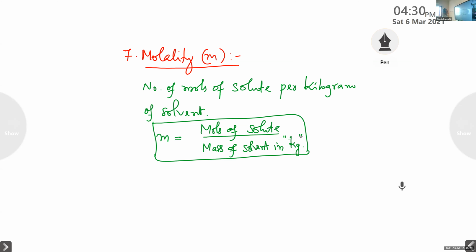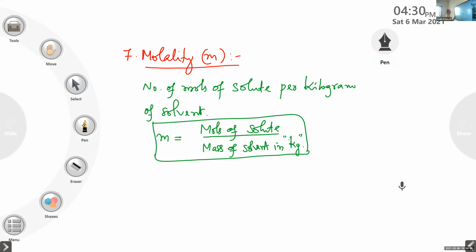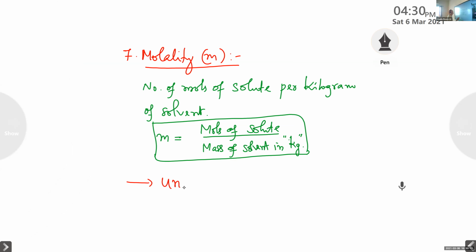Okay. And what will be the unit of molality? The unit of molality is moles per kilogram.